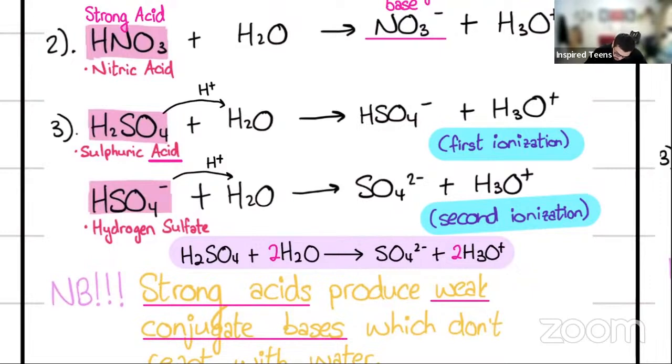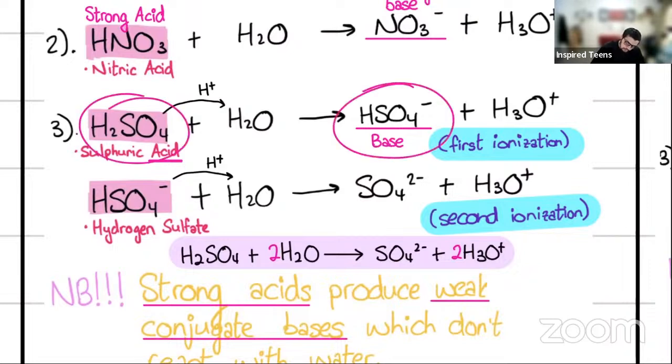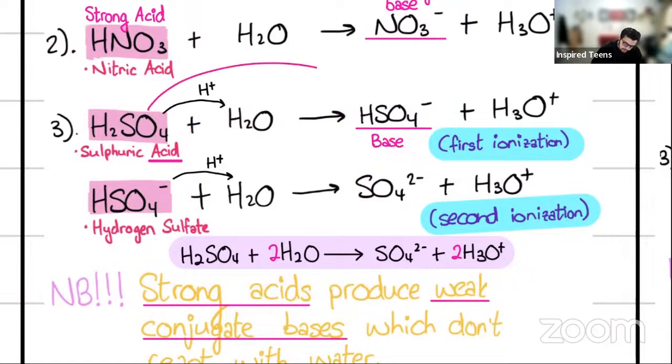So its conjugate base on the other side is going to be this one. H2SO4 acts as an acid on the left here, and its conjugate base is HSO4 minus.